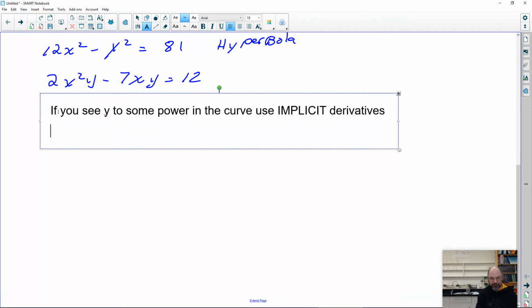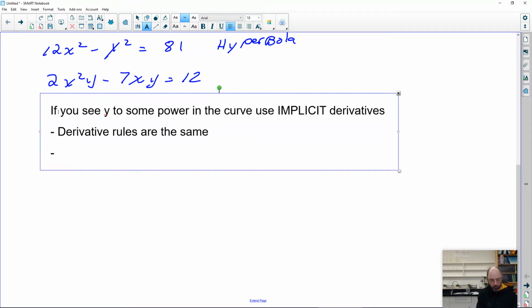So the first thing is the derivative rules are the same, except when you are deriving y, you multiply the expression by y prime.